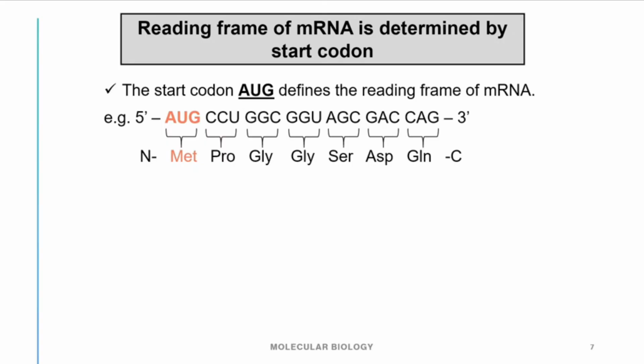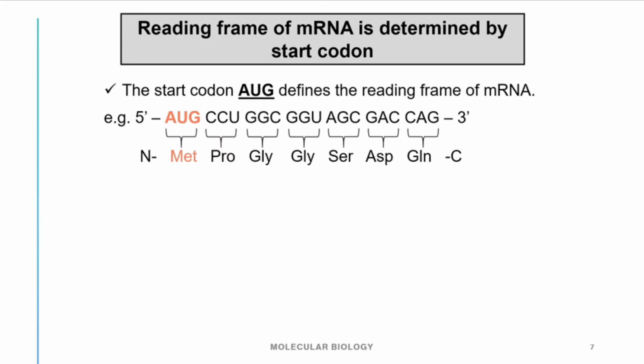So every time it incorporates a new amino acid, it moves down 3 nucleotides. Therefore, you can consider the reading of the mRNA to be in words of 3 letters.